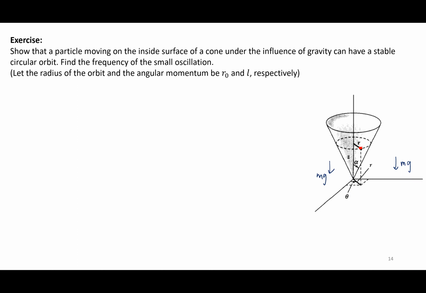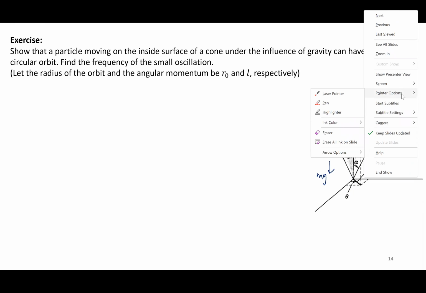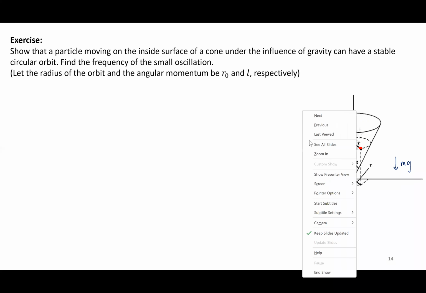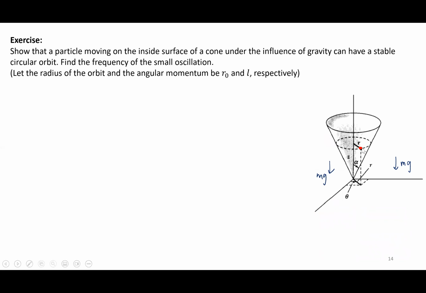Now what we want to study is the following, right? Suppose you give some appropriate initial condition such that the particle is moving along a circular orbit, just like the one shown by the dashed line.